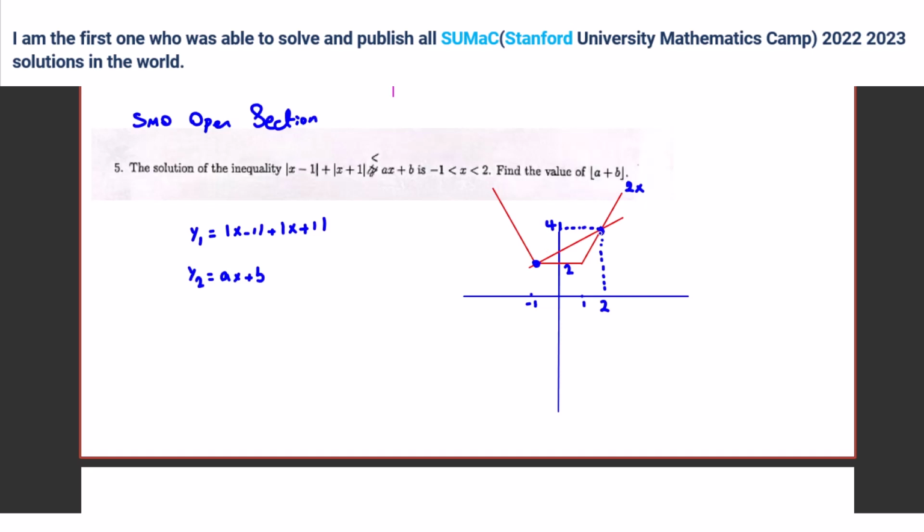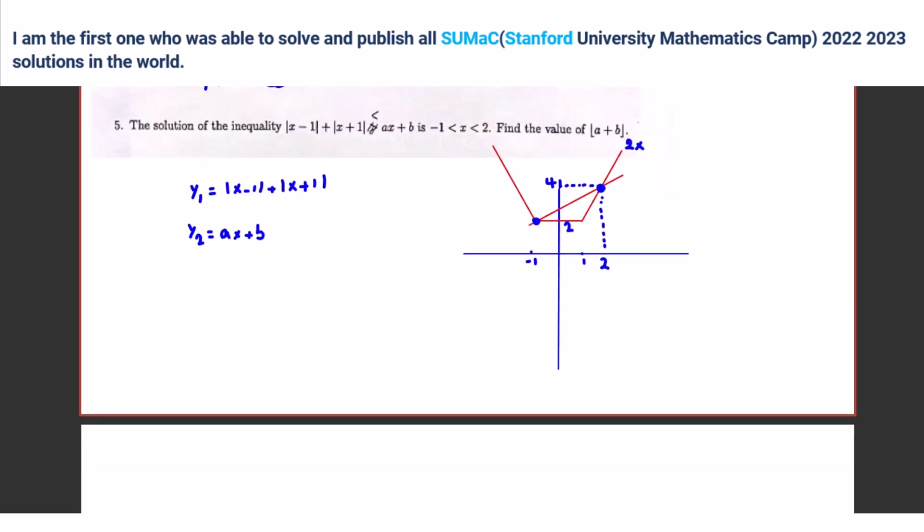So it passes through these 2 points: 2, 4 and negative 1, 2. We should find the line that passes through these 2 points, so we calculate the slope first.